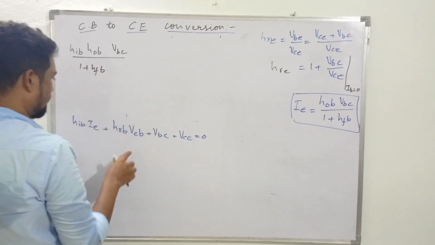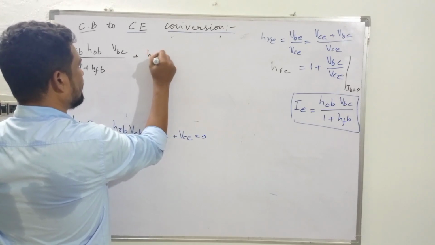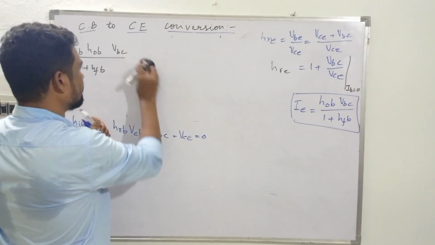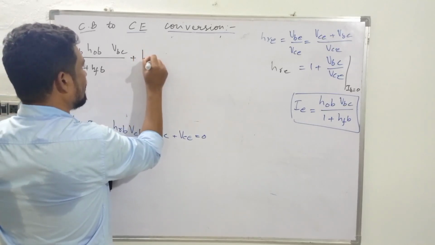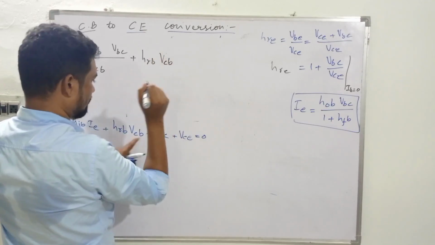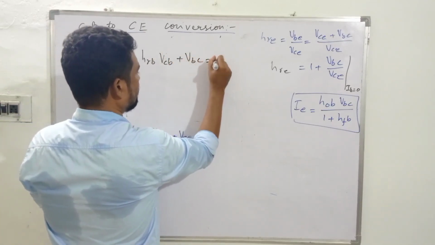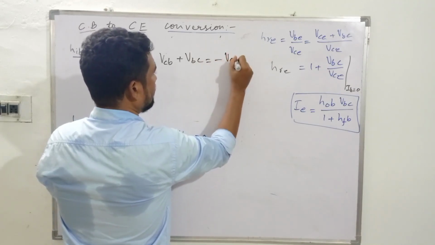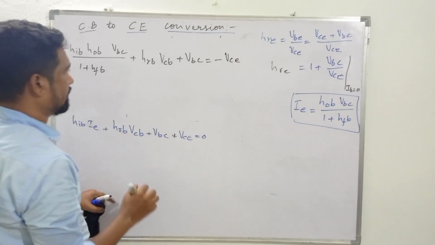All right, plus HRB. Sorry for the inconvenience with my script. It's HRB VCB plus VBC, which will be equal to negative VCE. It's positive this side, going that side it will be negative, right? I have written that one.